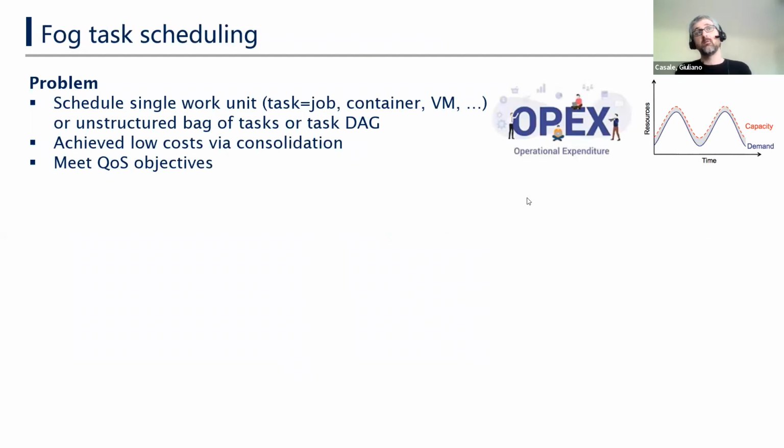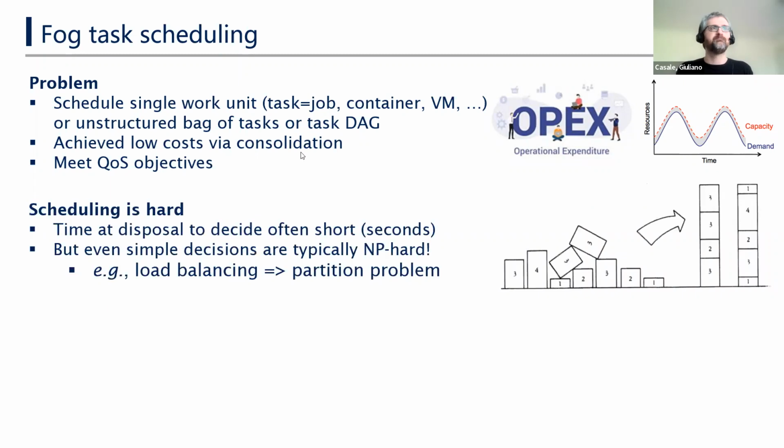So as I said, we want to schedule units of work on resources, and typically we want to do so in order to meet the quality of service objectives and also minimize costs, for example, by using as few hosts or resources as we can in case we are in light load.